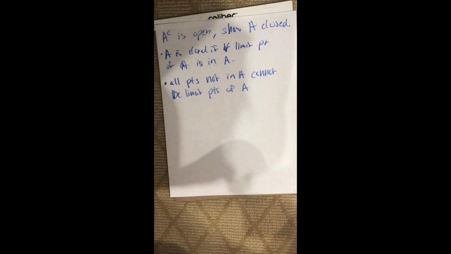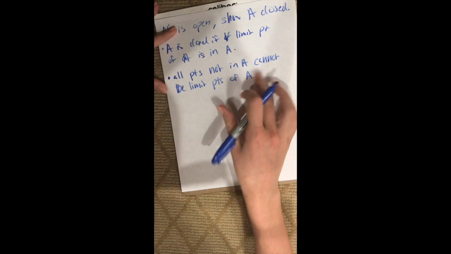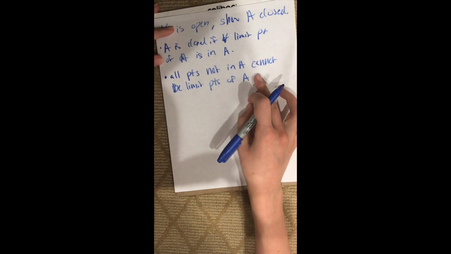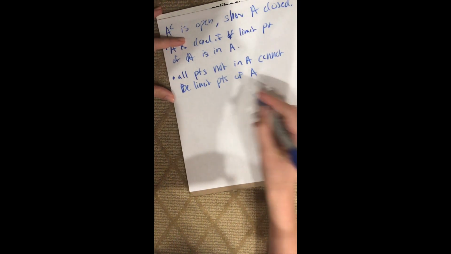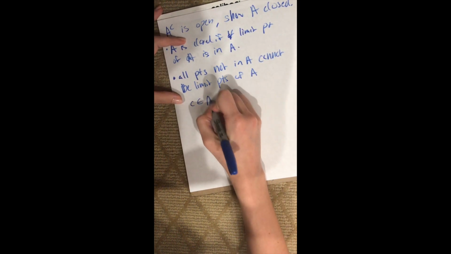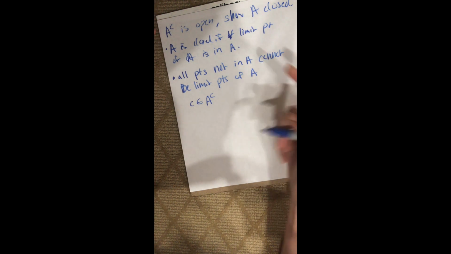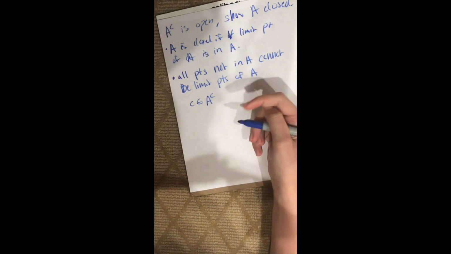Because that means if A has a limit point, then it must actually be in A, which would make A closed. But we're going to show the second statement because it's a lot easier for this part of the proof. So all the points not in A are just points in A complement, and we need to show that they are not limit points of A.